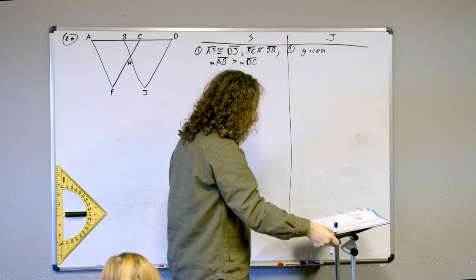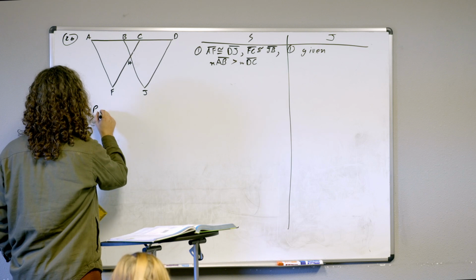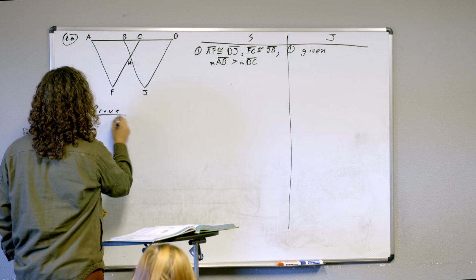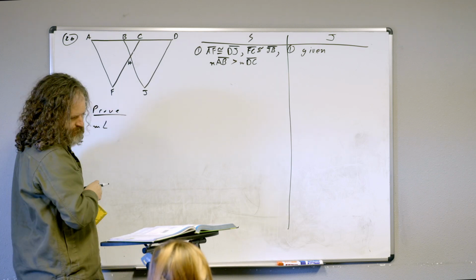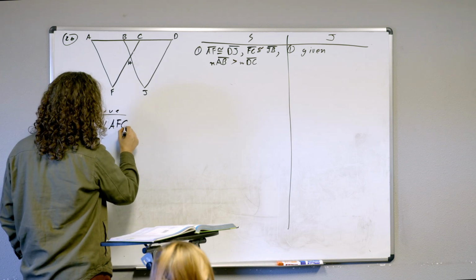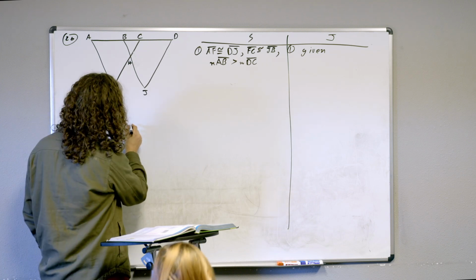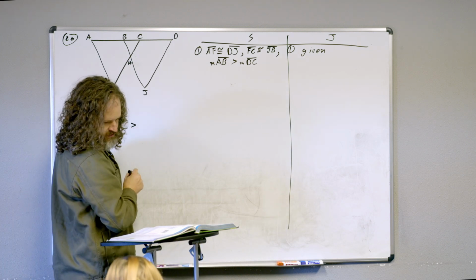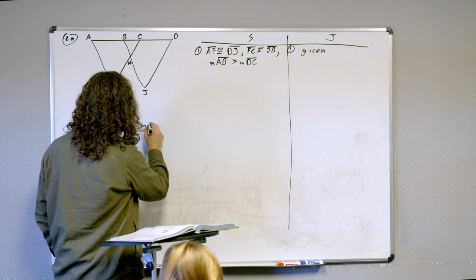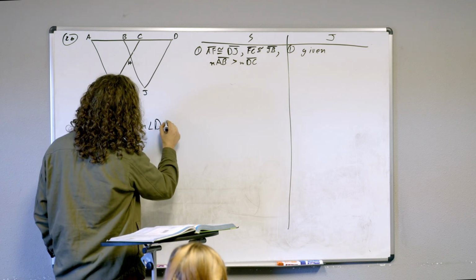And we're supposed to prove that the measure of angle AFC, not to be confused with its more famous cousin, KFC, is greater than the measure of angle DJV.